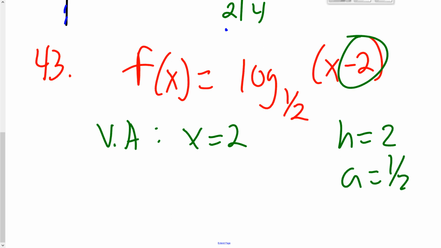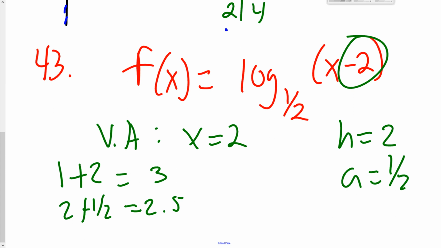And then you can use the fact to find your 2 points that we always take 1 and add our h, and then take our a and our h and add those together. So 2.5 and 3, those would be really good x's to pick, but again, you don't have to.